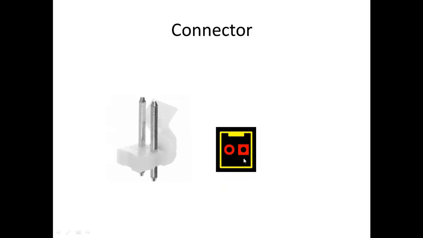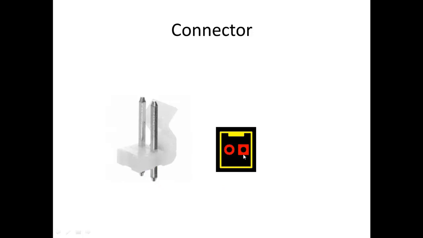Over here on the right we have the footprint of the connector, and as you can see there is one hole over here on the left corresponding to the place where this pin is going to connect, and here is the other hole on the right which corresponds to this pin on the right.